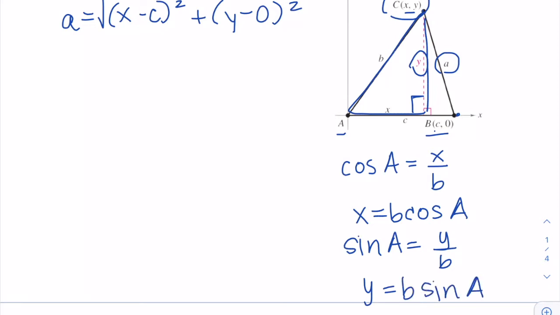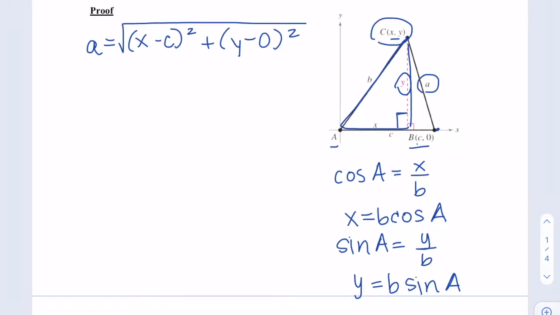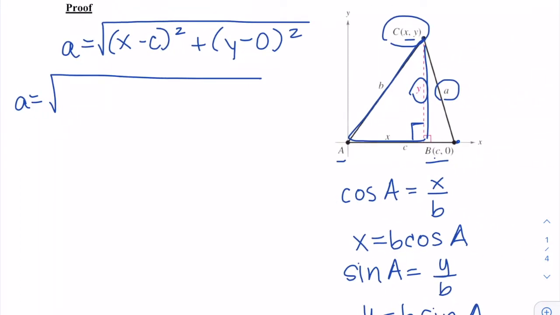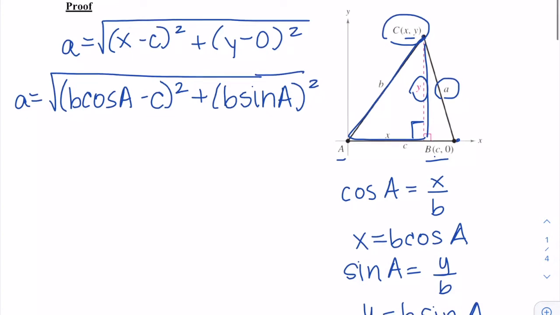And now we can substitute those values into our distance formula. So we know that A equals the square root of B cosine A minus C squared, and our Y was B sine A, or B times sine A, and just minus 0, so we'll just square that.